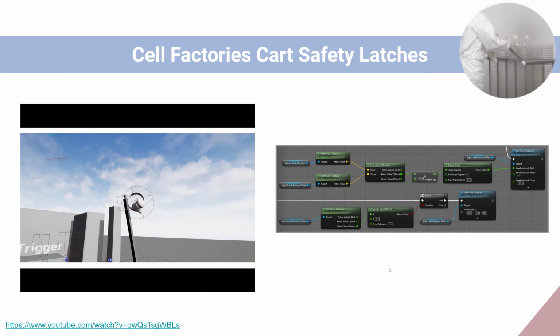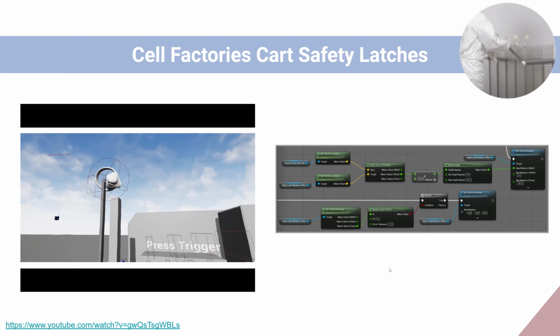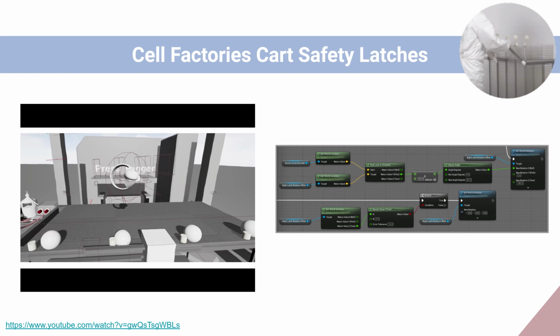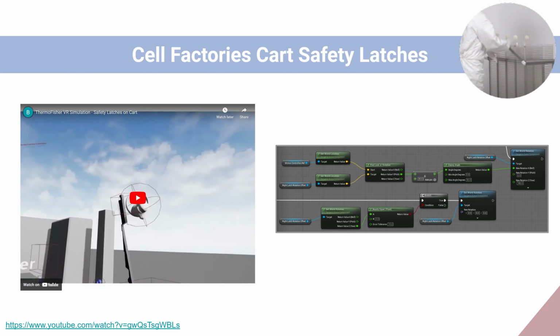This is the cart and safety latch mechanic. This allows us to close the latches. It's got real-time interactability. Once you have the latch closed, you're able to move the cart.